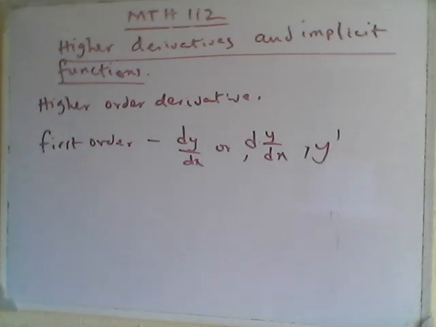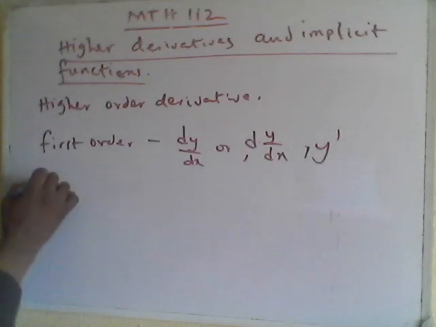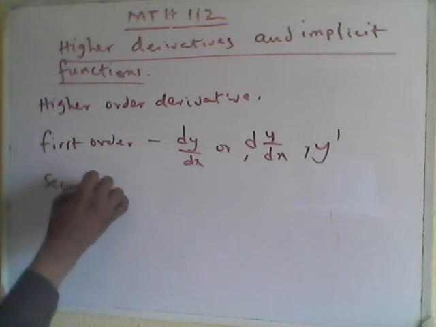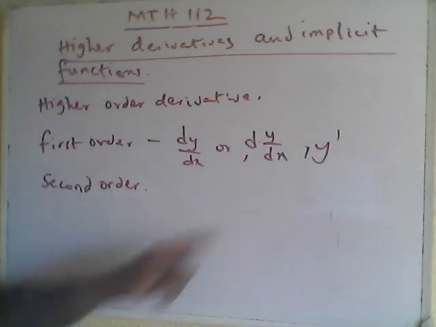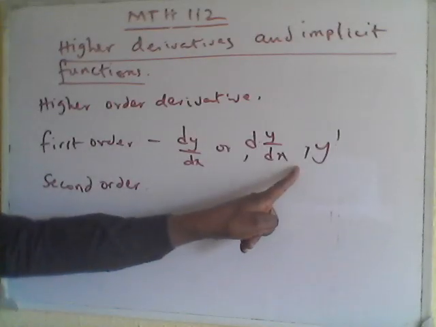But higher order derivatives have to do with second order, third order, and fourth order. What that means simply is that for second order, I just differentiate the derivative of the first order.